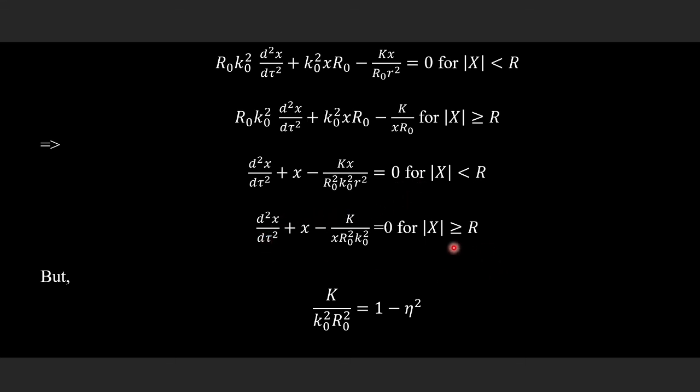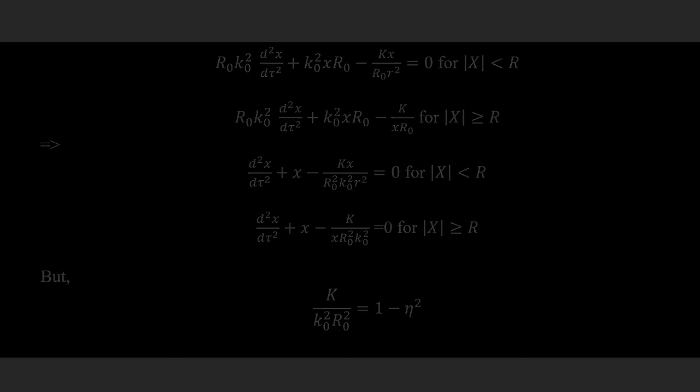And similarly for x greater than r. Please note that we already derived that capital K over k naught square r naught square is equal to 1 minus eta square. So we'll get d2x over d tau square plus x minus 1 minus eta square over x is equal to 0 for this term, and a similar substitution will work here. So we will get 1 minus eta square here as well.